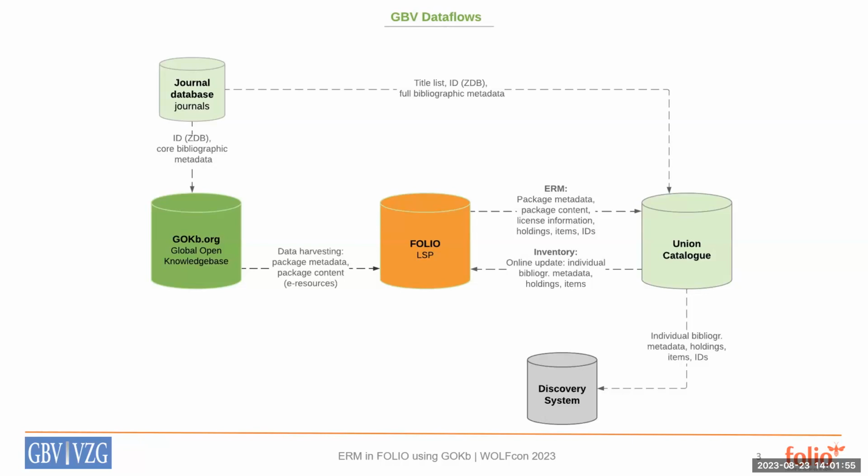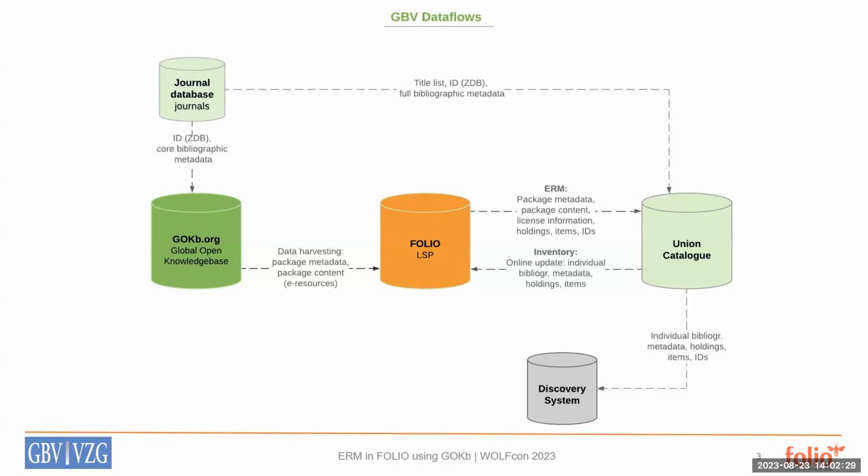Right. So the question was, in this picture, where is the article level for our workflow? What we're doing is running a very big Solr index, which is fed by the union catalog as well as directly by publishers and other providers with article data.